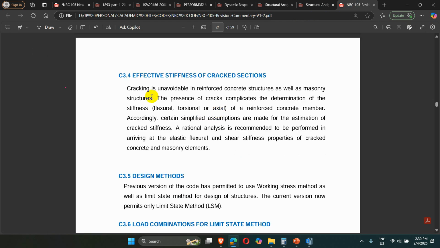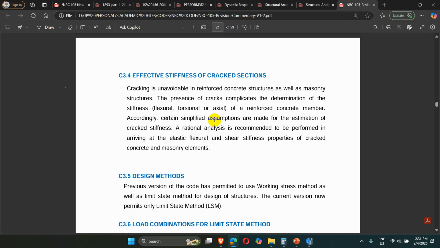So this crack is unavoidable in reinforced concrete structures as well as masonry structures. The presence of these cracks complicates the determination of stiffness, in terms of flexural, torsional, or axial stiffness of an RC member.